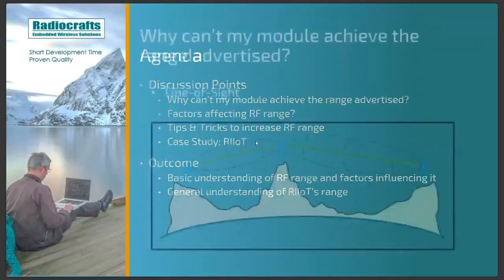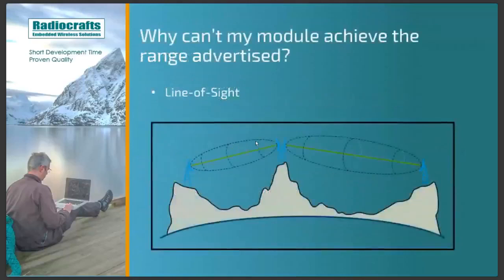The first thing I would like to talk about is this question we keep getting, that the range I get is not what I anticipated. Very often that comes from the term line of sight range. Very often the numbers given by us and other vendors are a line of sight range, and a line of sight range is a theoretical range that you can get.